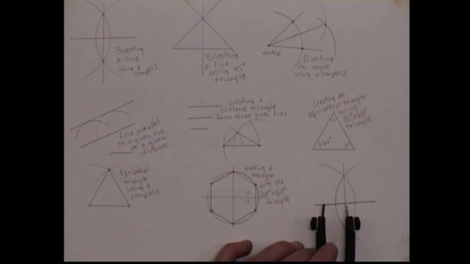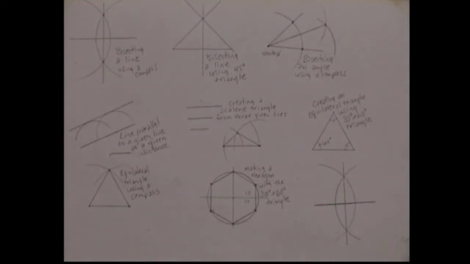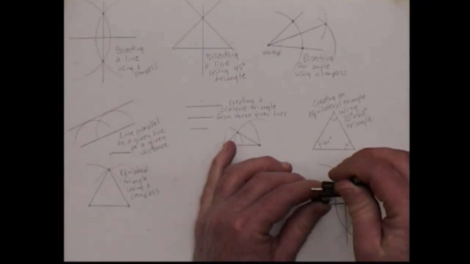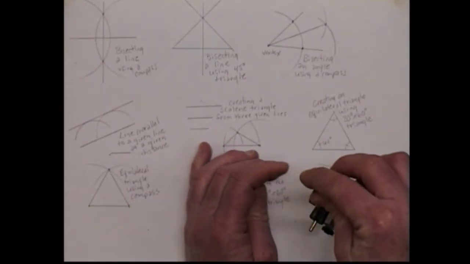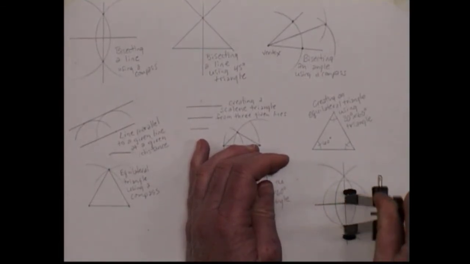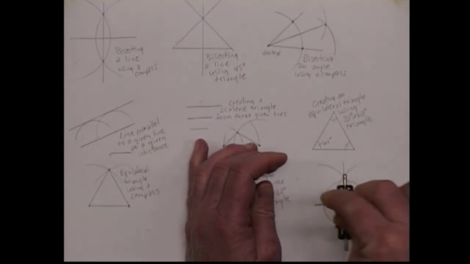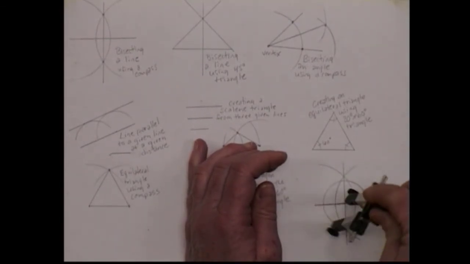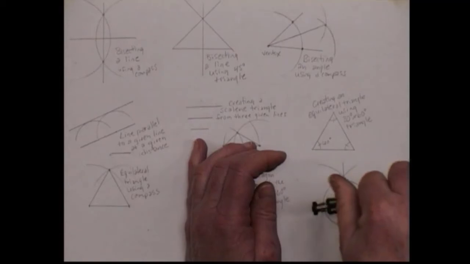So once you get that radius, let's go ahead and make the circle at that center point. Now, once this radius is set, once you create the radius or set your compass to the radius you want, do not change it. If you change it, it does not work.